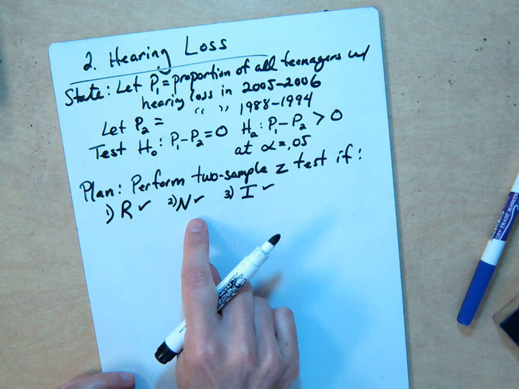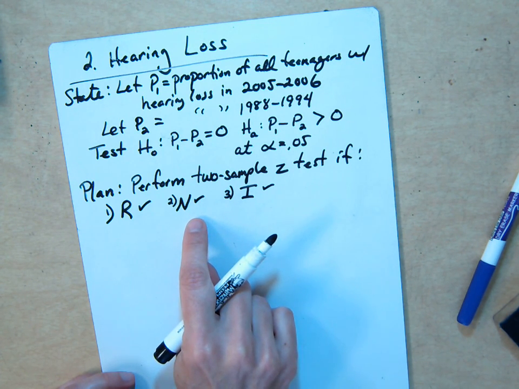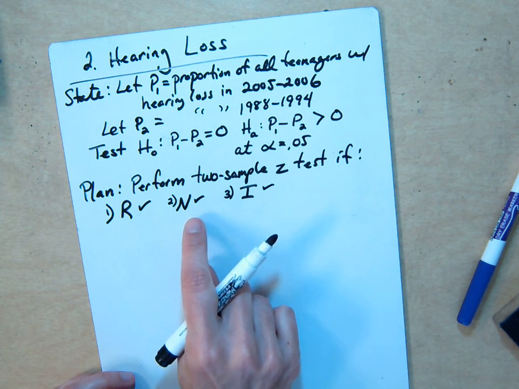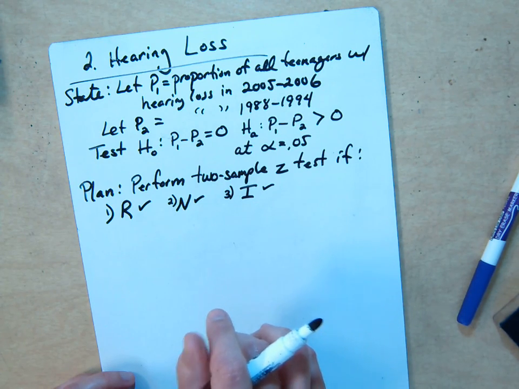It's that you need at least 30 for the central limit theorem for means. And there are at least 30, because 15% of 3,000 is at least 30, and 19.5% of 1,800 is at least 30. So I'm going to let you skip those starting with today, assignment number 22, if you feel like you're good. But not on a test, never on a test. Okay, so plan is done.